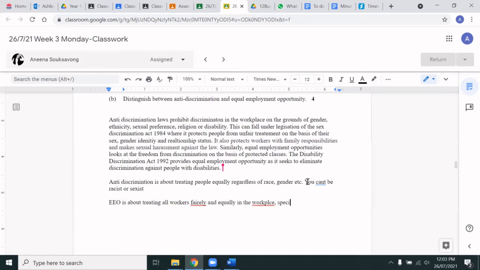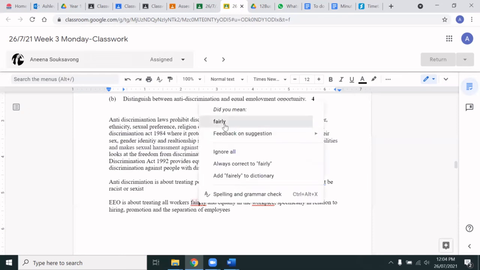Now, specifically in relation to the hiring, the promotion, and the separation or firing of employees. So let's just fix up my little poor spelling.